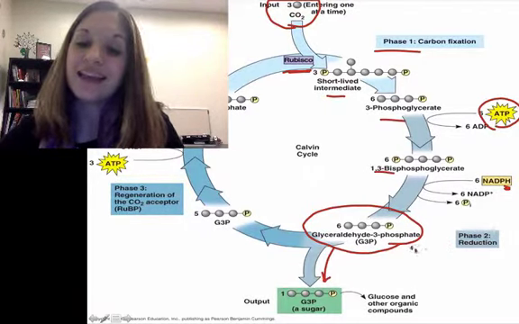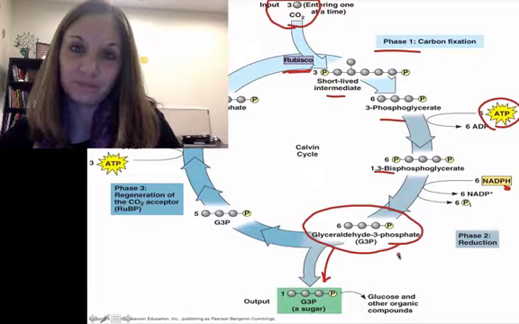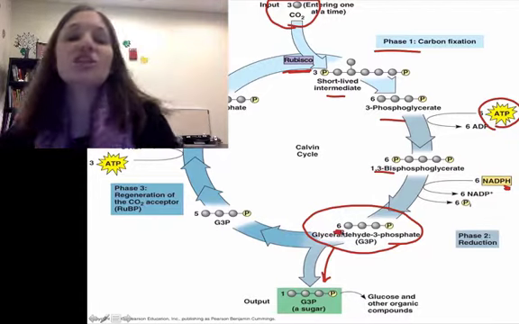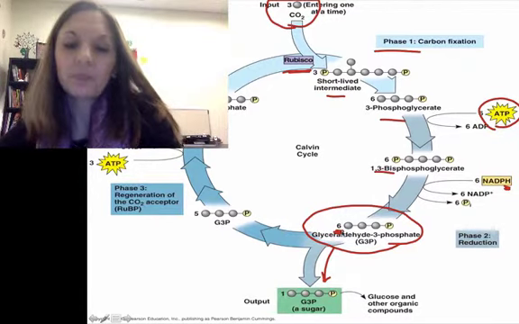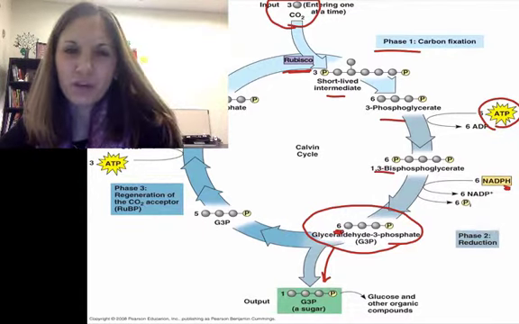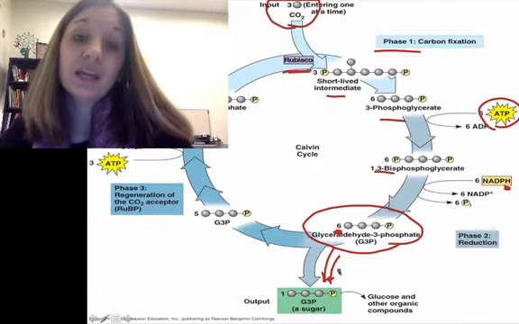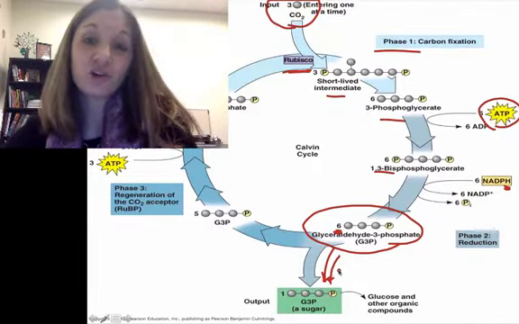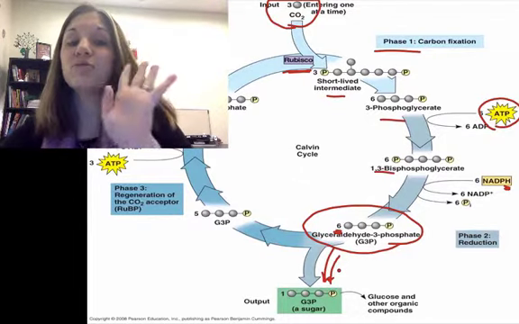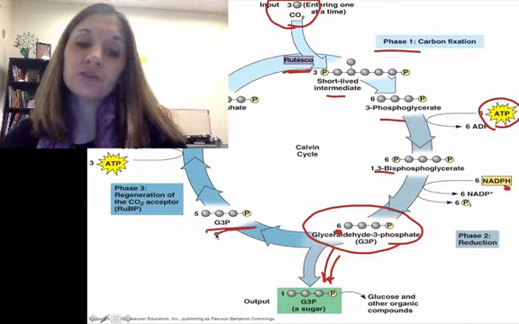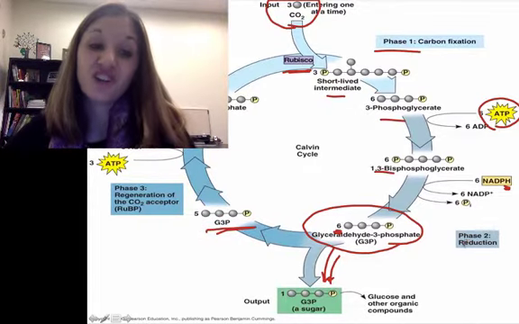And that comes at the end in phase 2, that reduction. Now, here it shows us that we produce 6 G3P molecules. Well, one of those goes on and exits the Calvin cycle as actually G3P, which can then be used to manufacture glucose and other sugars. That leaves us with 5 remaining molecules. Those 5 remaining molecules are now recycled through regeneration.